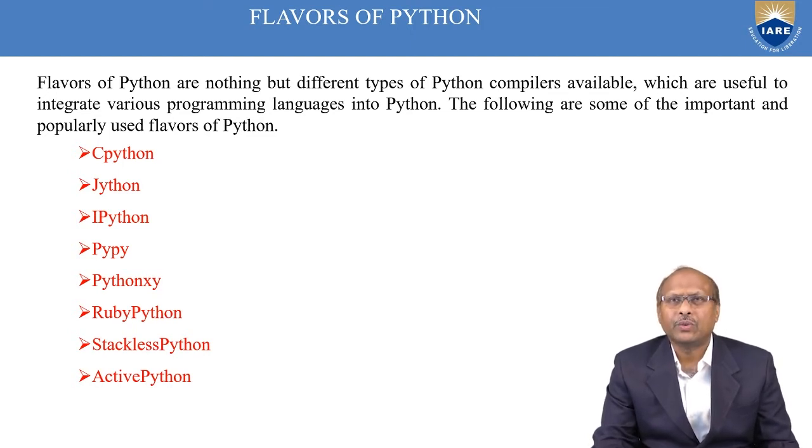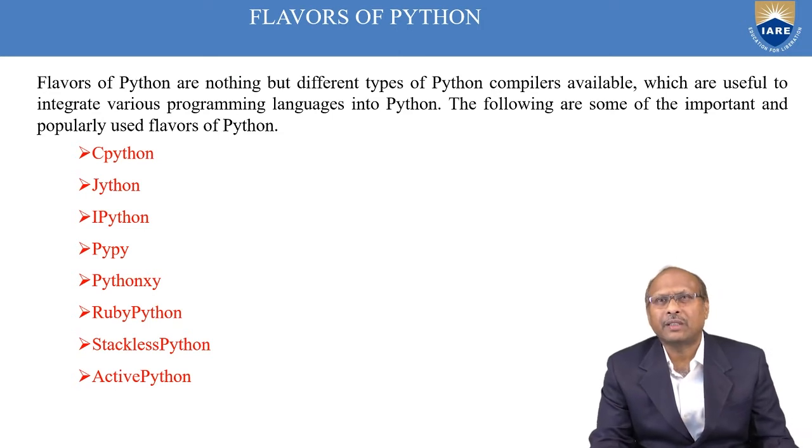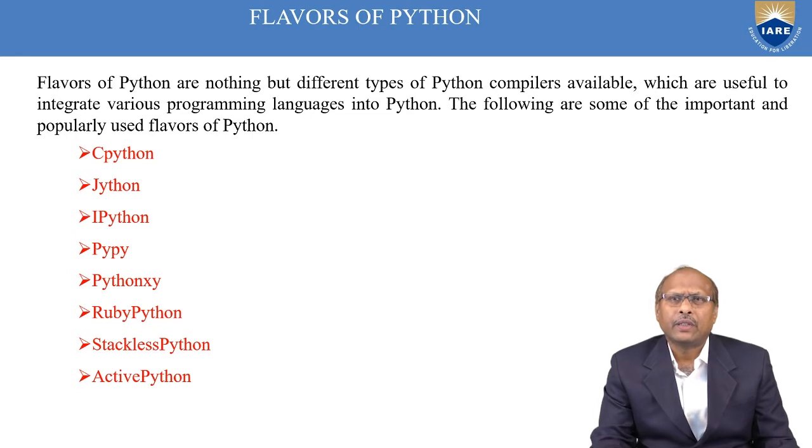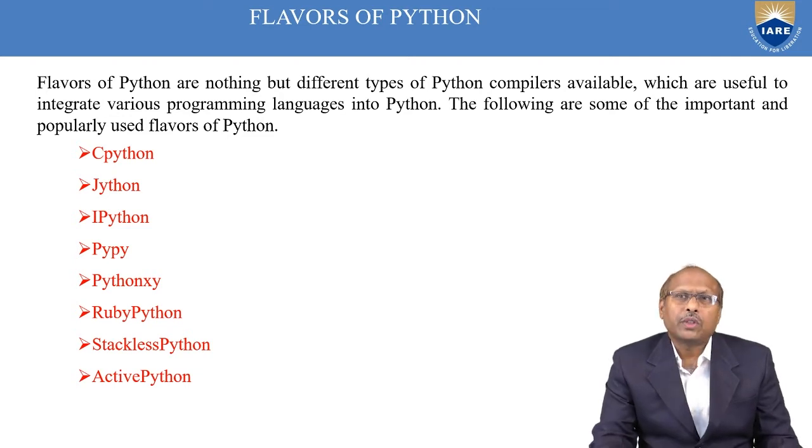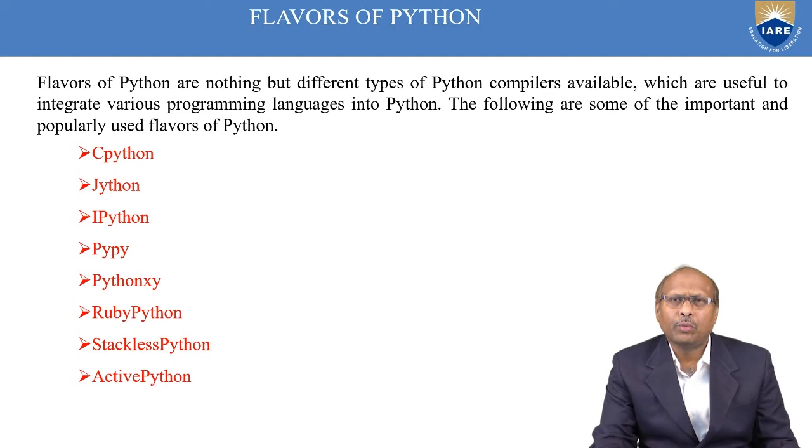CPython, which is integrated with C applications. Jython, which is integrated with Java applications. IPython, which is interactive Python. PyPy, Python(x,y), RubyPython, Stackless Python, ActivePython. Like this, there are various flavors of Python. You can use any of them, but we will be focusing more on Python.